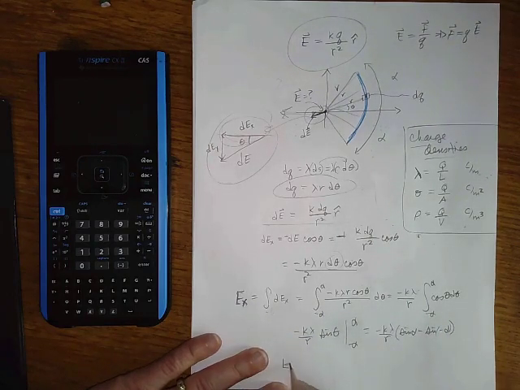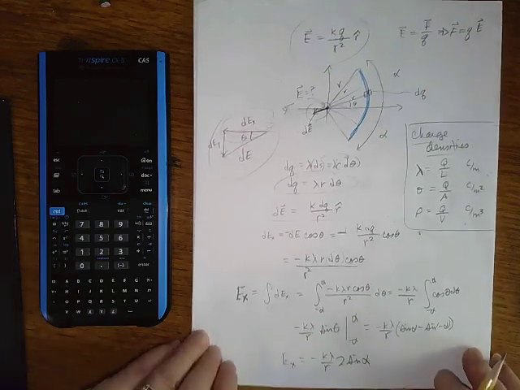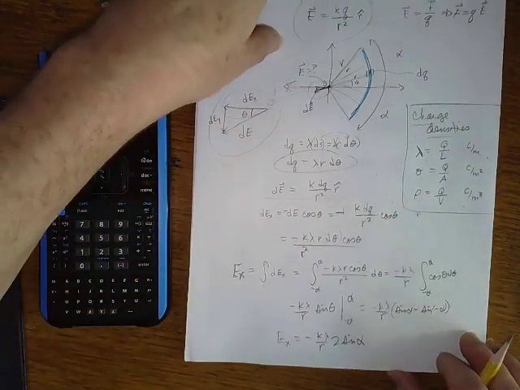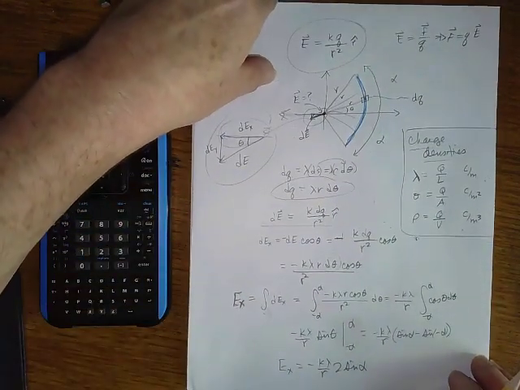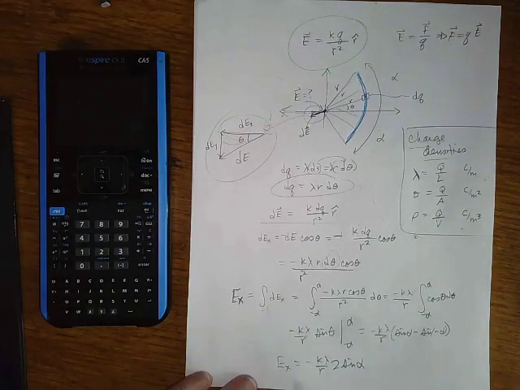And so we get Ex equals negative k lambda over r times 2 sine alpha. Hopefully you can still see that. So our x component of the electric field is here. Check my notes, looks good.